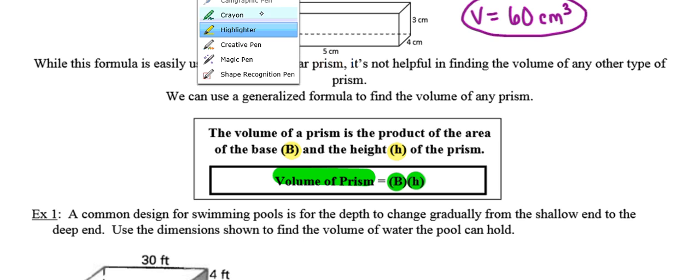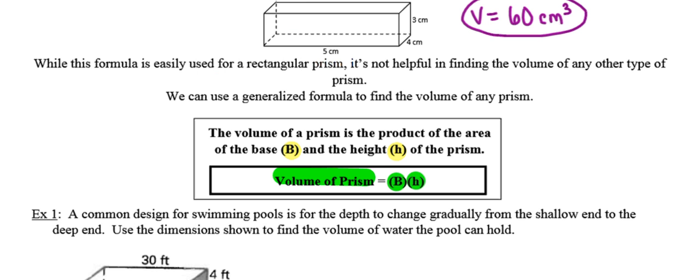Now if I go back to my rectangular prism that we started the problem with, and I want to use this same formula, I can. I'm going to consider the bases of this prism, the top and bottom. So the area of my base, capital B, would be equal to the length of the rectangle times the width of the rectangle, or 5 times 4, which is 20.